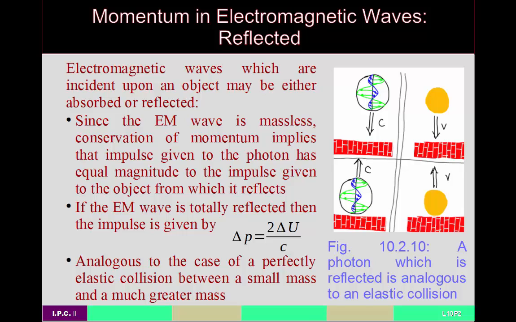And in being absorbed or reflected, they will transfer some momentum to the object. If an electromagnetic wave is carrying momentum and it's reflected, then it's going to behave very much in the same way, as far as transferring momentum goes, as a ball which hits an object and then bounces off.